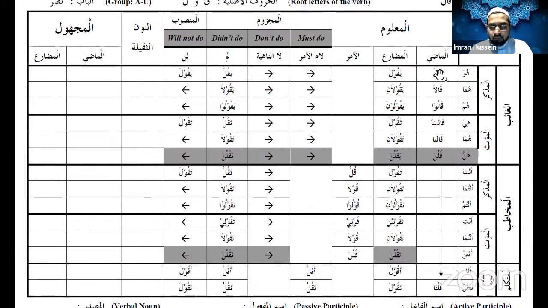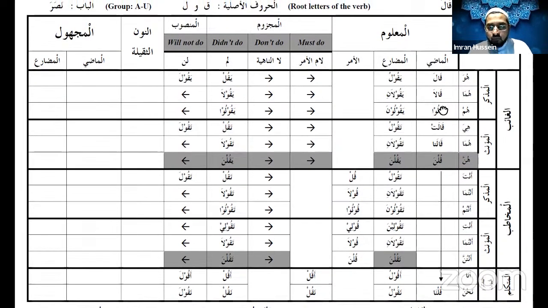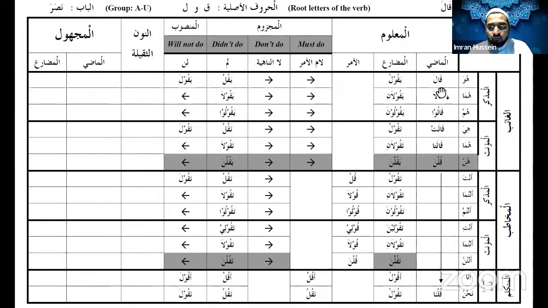Bismillah. Now we're going to move on to where the weak letter, the alif, waw, or ya, is in the middle. So qala, qala, qalu, qalat, qalata. From the sixth form onwards, the qaf now comes with a dhamma.